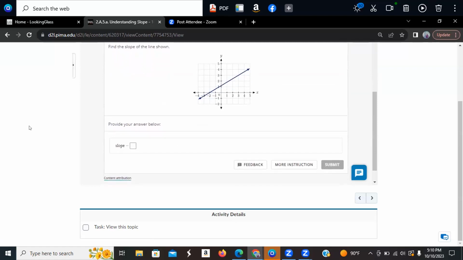So try this one. So pick a nice point or two. Does the point have to be on the x-axis? Okay.